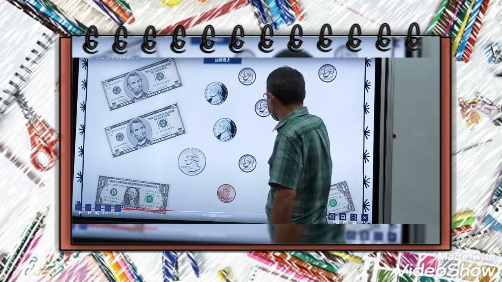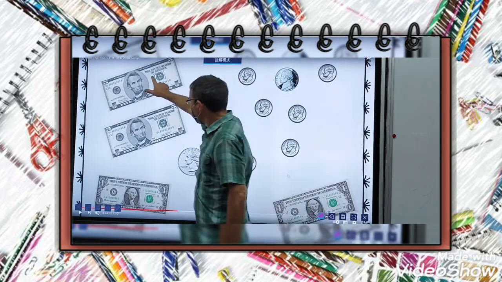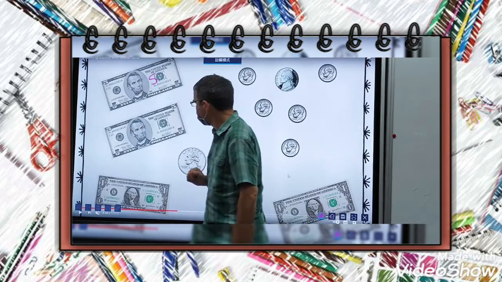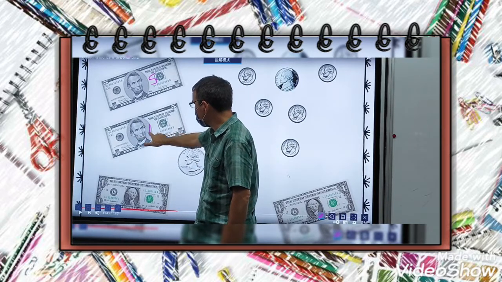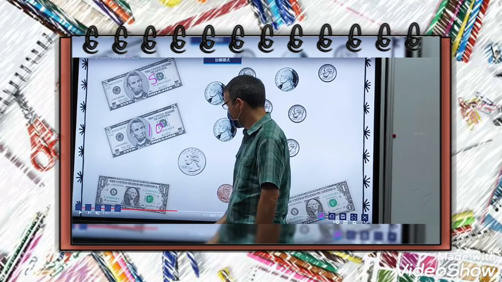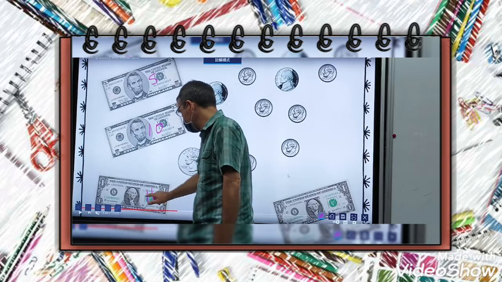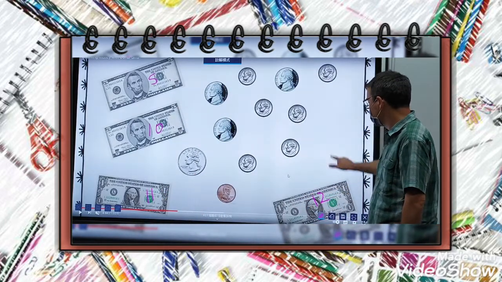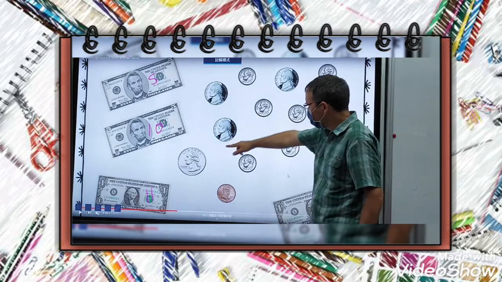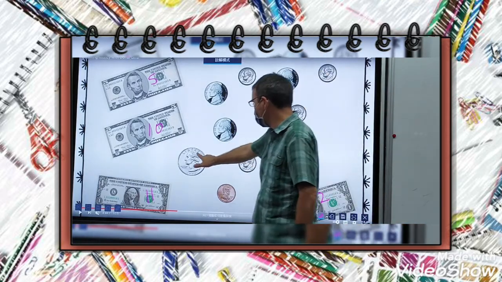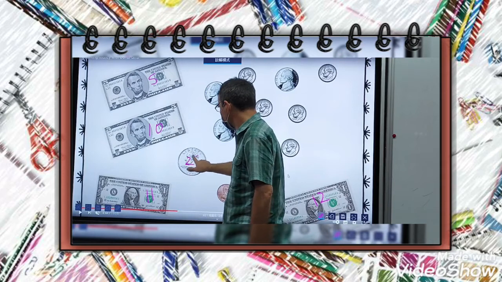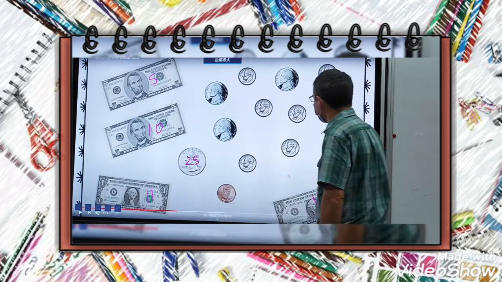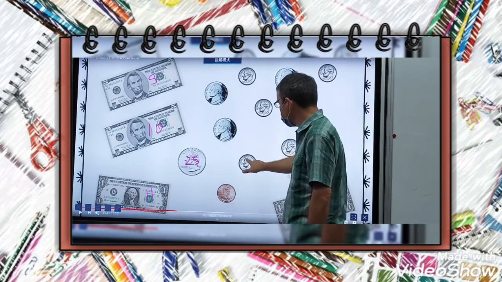Let's go over this together real quick. First you have a $5, so there's 5. And here's another 5, so that would be 10. $1 would be 11. Plus another one, you have 12. And then the change, the coins, you have 1 quarter, so it's 25. You can do the dimes next.